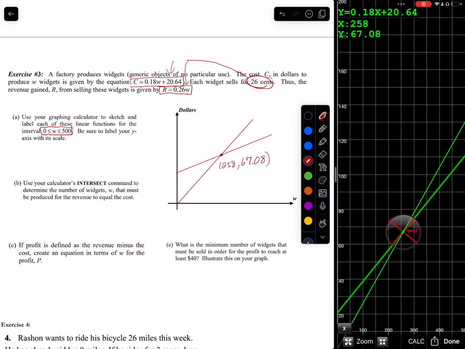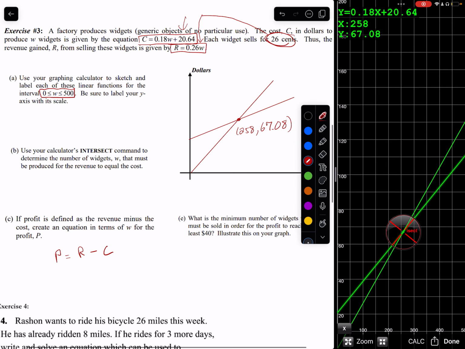Okay, so if profit is defined as the revenue minus the cost, create an equation for the profit P. The way you're going to look at this is you know that the cost is the C, and the revenue is the R. So the profit is equal to the revenue minus the cost.